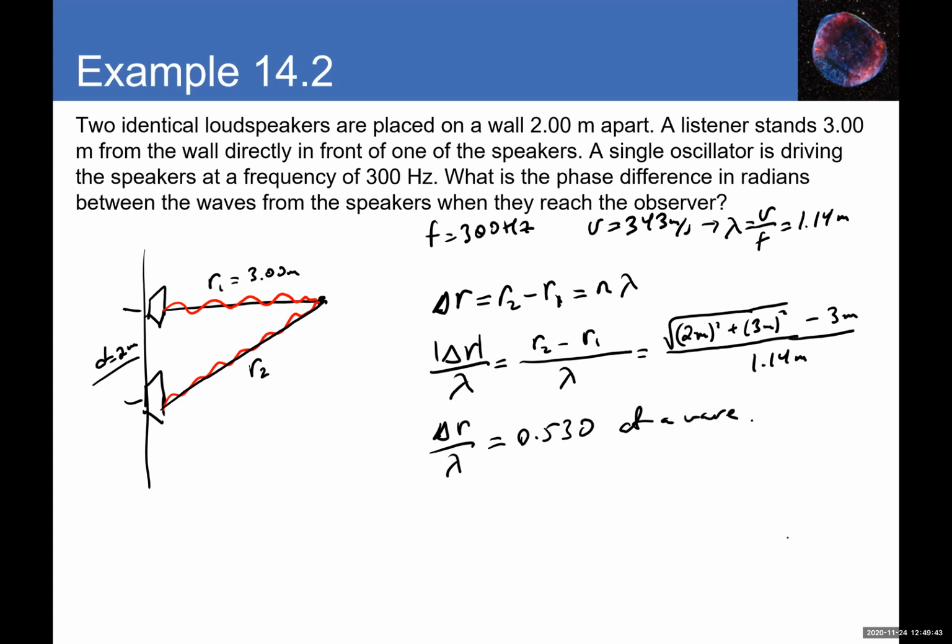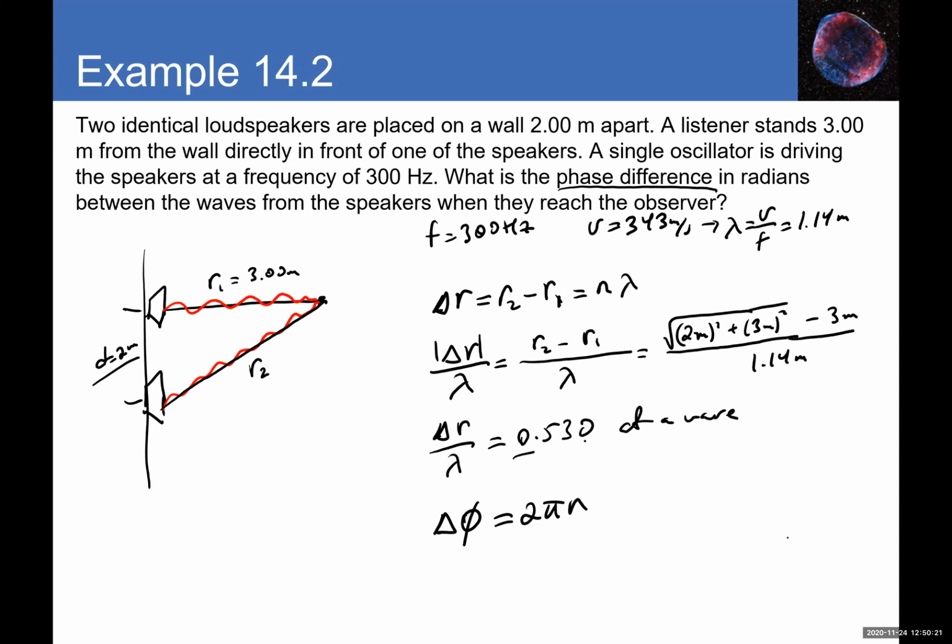That is the N that I get. All right, so to find the phase difference in radians, delta phi equals 2 pi n.